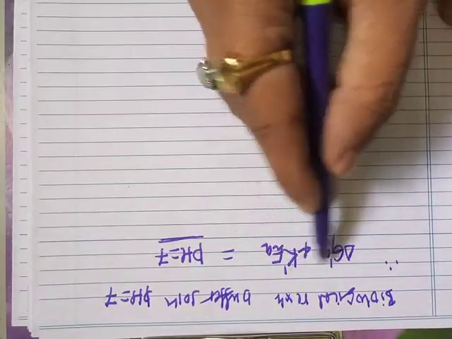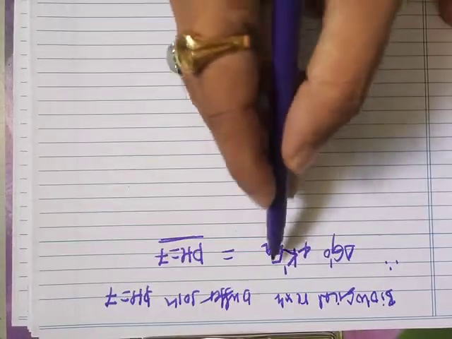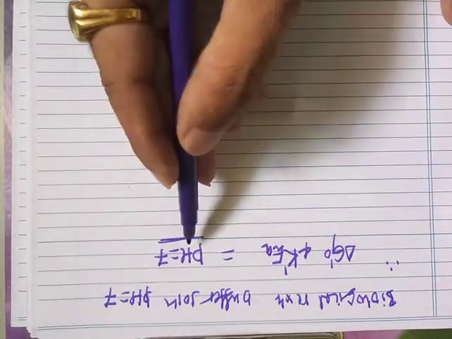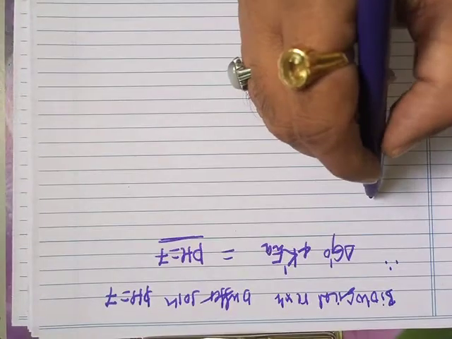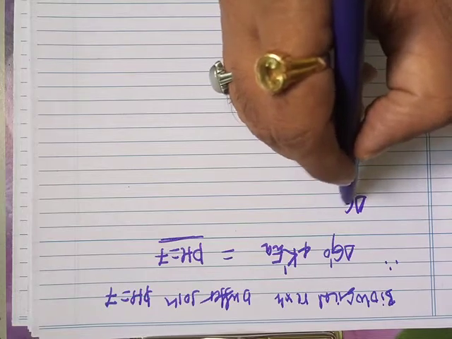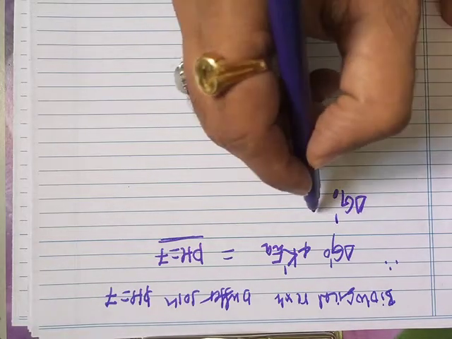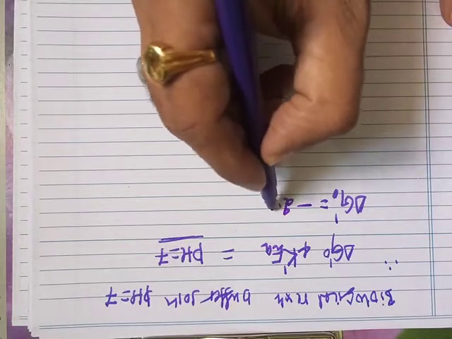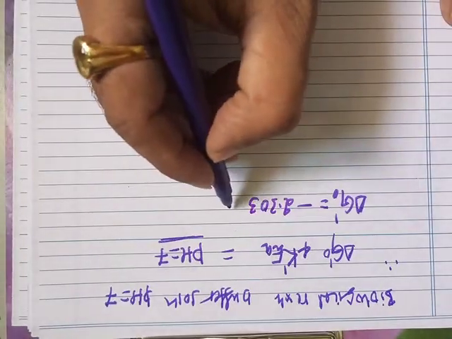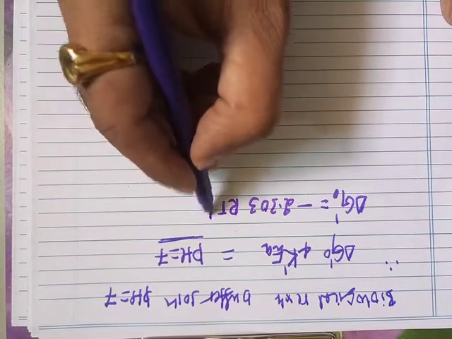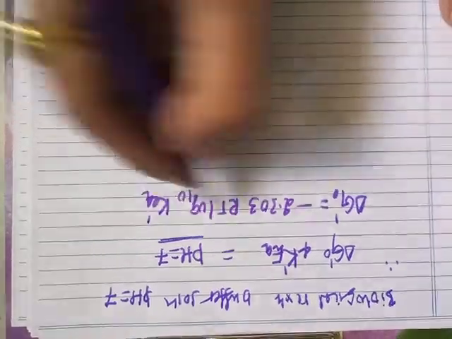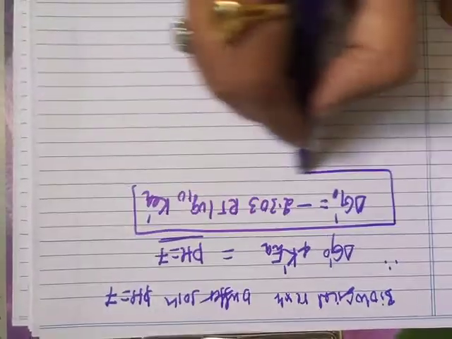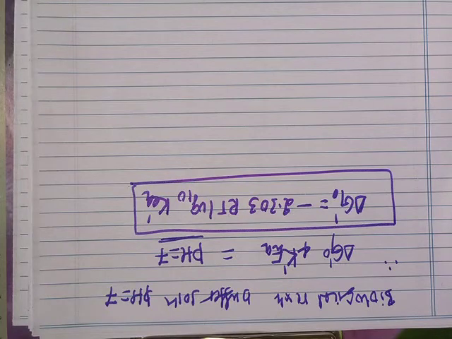This dash indicates that this is a biological reaction taking place at pH 7. Now the equation can be written as delta G naught dash is equal to minus 2.303 RT log 10 equilibrium constant dash. So this is the standard free energy change for a biological reaction.